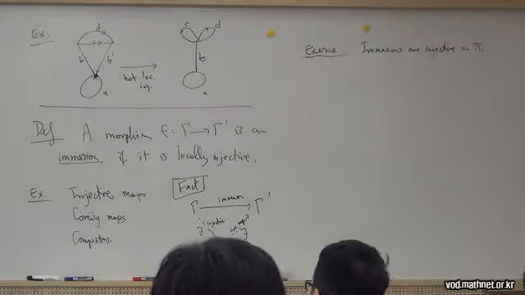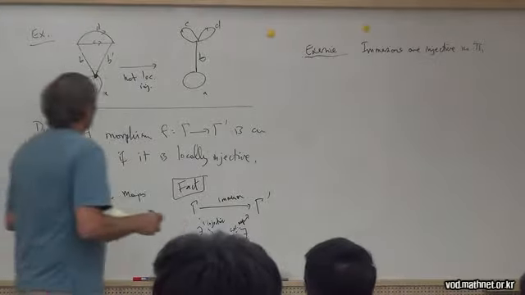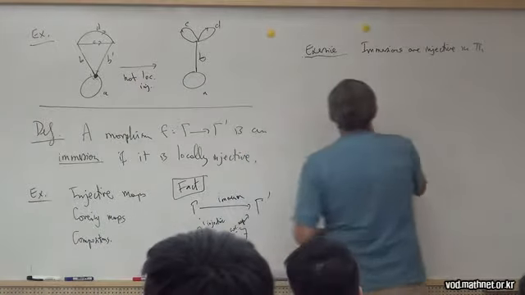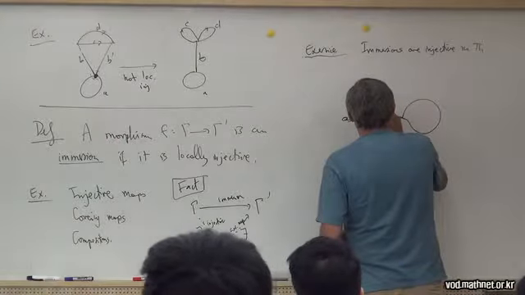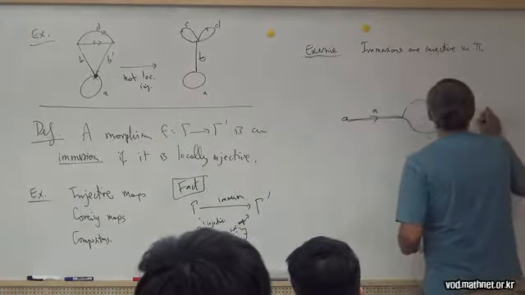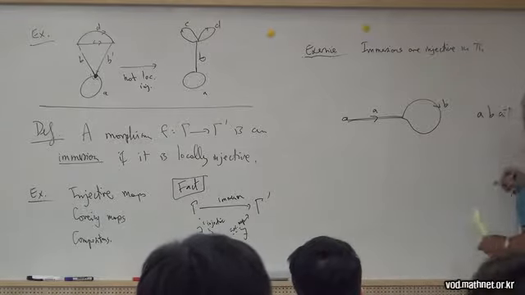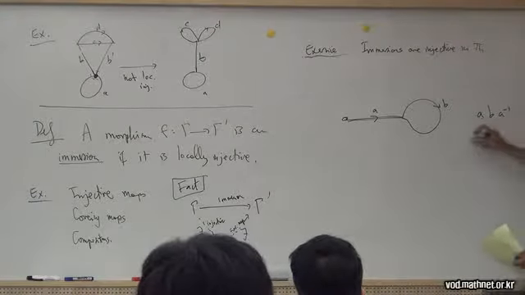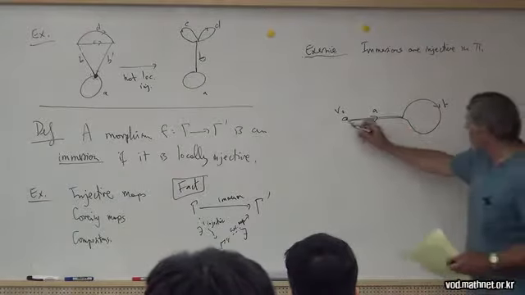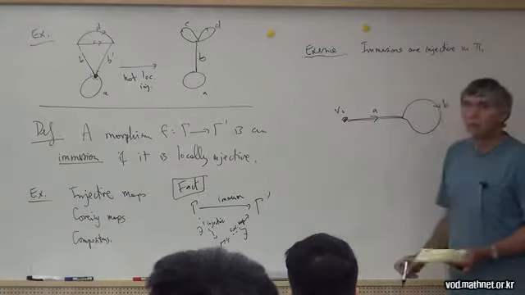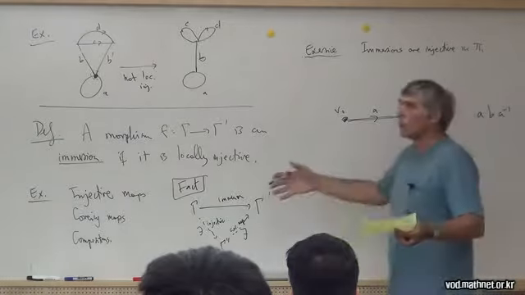You could have something like, here's your base point, and then you go like this. So this is, I don't know, A, and this is B. So you can have something like A, B, A inverse, right? That's a non-trivial element if this is your base point, but it's not locally injective at the base point. You really view it as a path.